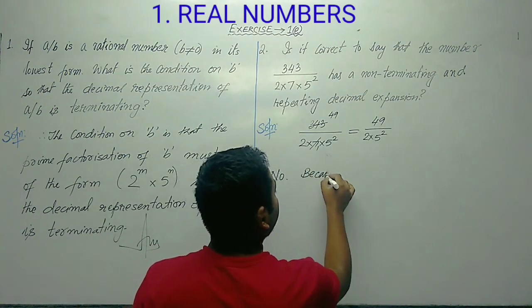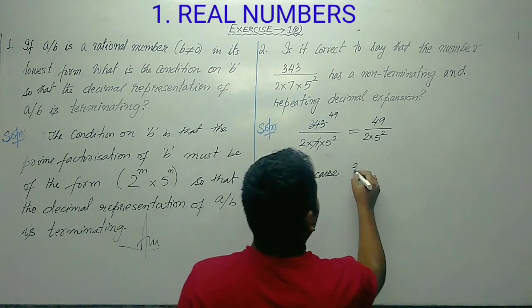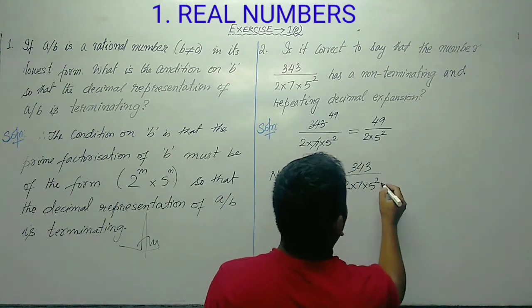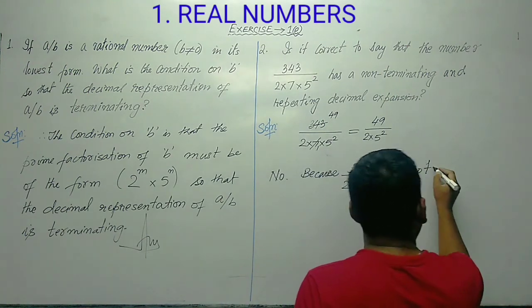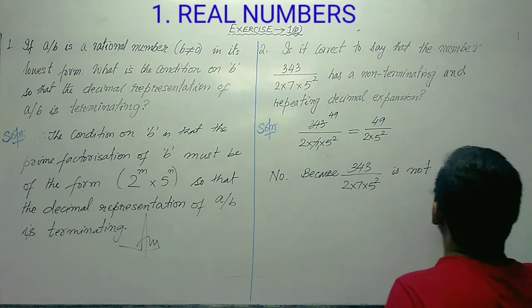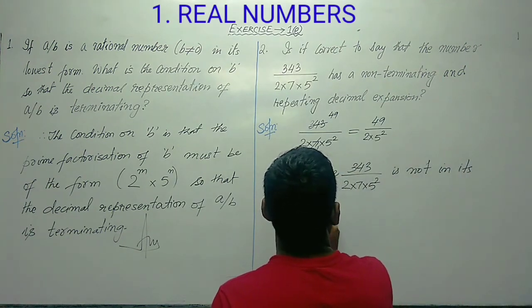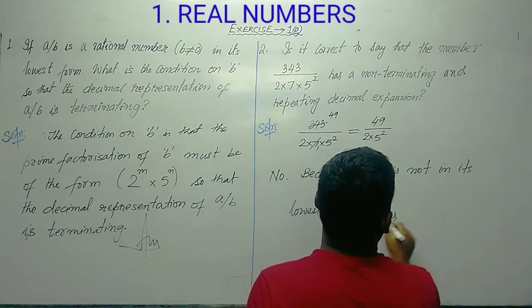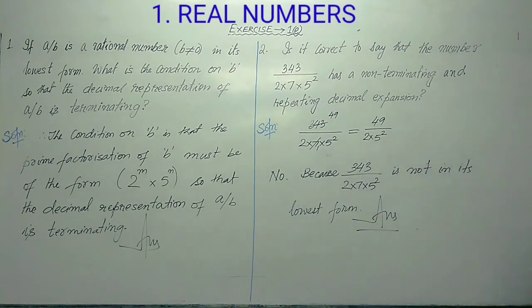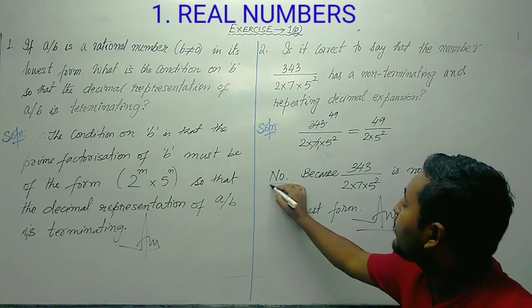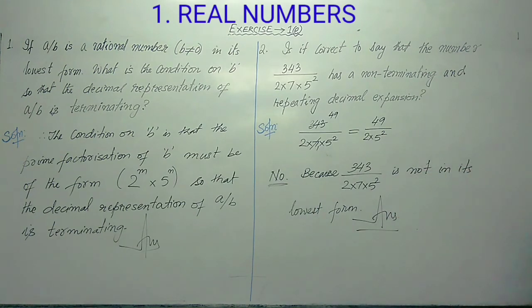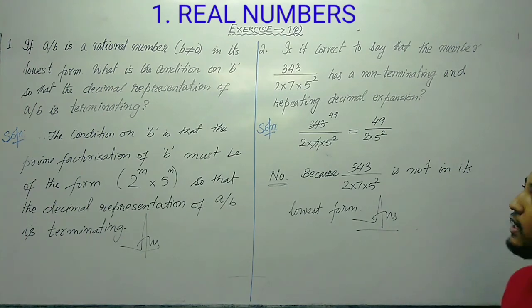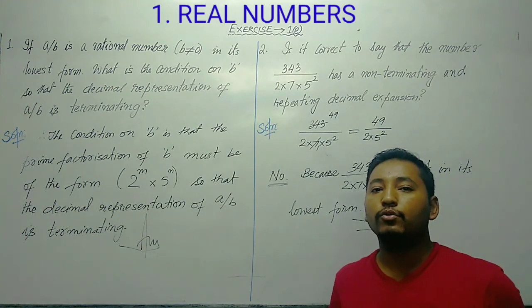Because 343 by 2 into 7 into 5 square is not in its lowest form. So that is our required answer. That is the answer to this question number 2. Let us move on to the next question.